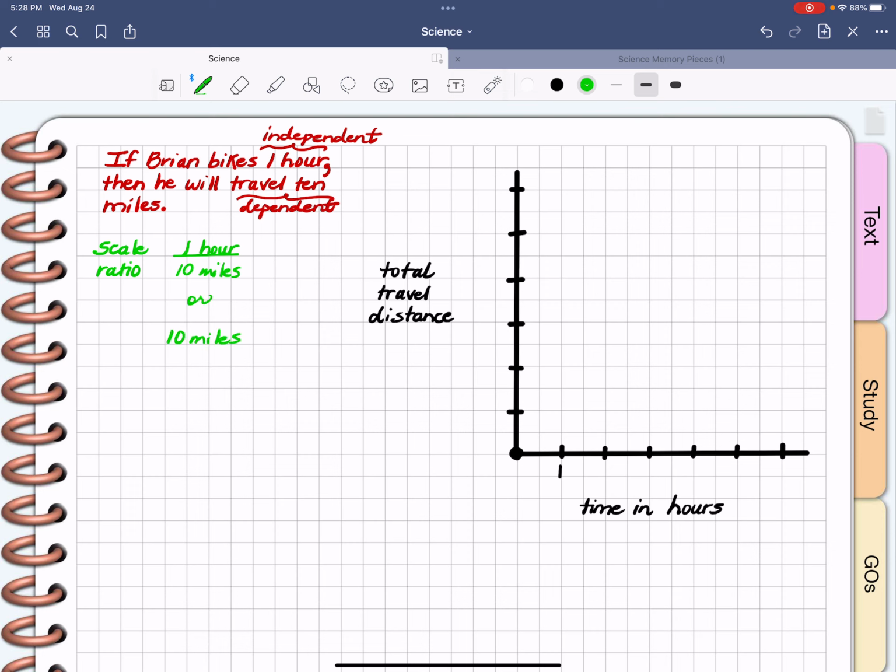This would be a good one, in my opinion, to do a table on. I think that would help maybe to clarify a little bit. This is just a tough one all around. Set up your input-output table. Remember, X is your independent variable.